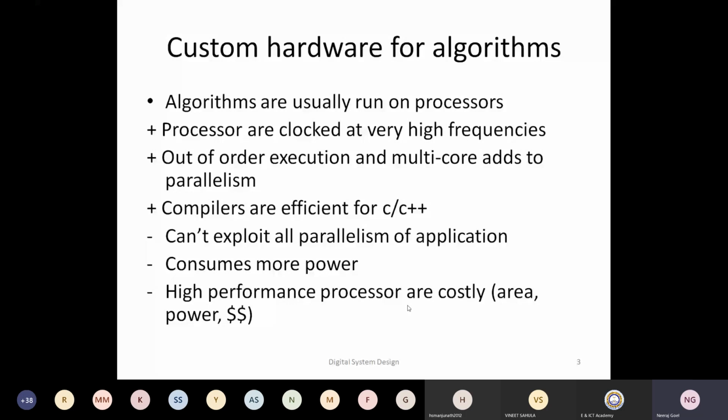Further, to reduce power, we also see a lot of multi-core processors, which are power efficient as well as giving good performance. On top of it, compilers are also quite efficient for high-level languages, so they exploit all kinds of parallelism.